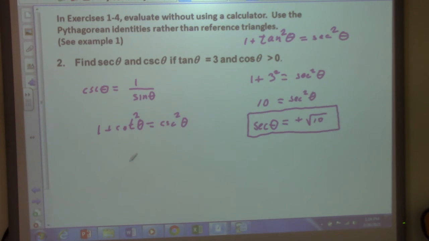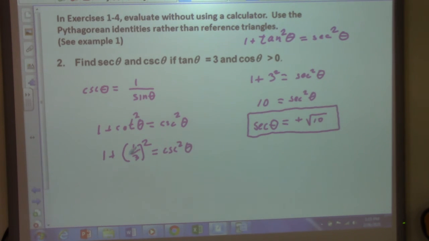Yeah. So we have that. And so do we have cotangent here? Yeah, we do. All right, so we have 1 plus cotangent is going to be 1/3 squared, and that's going to be equal to cosecant squared theta.